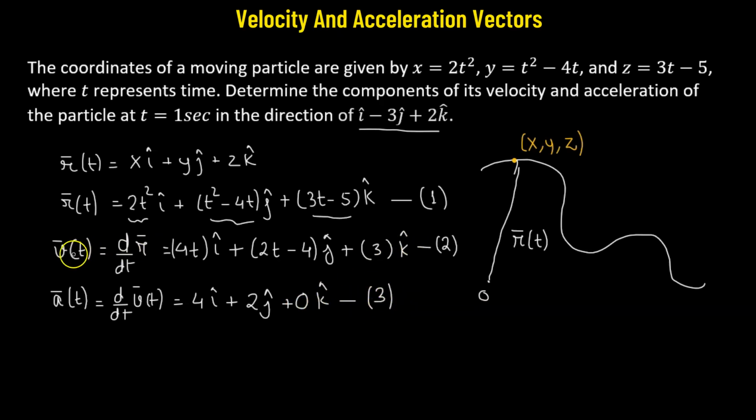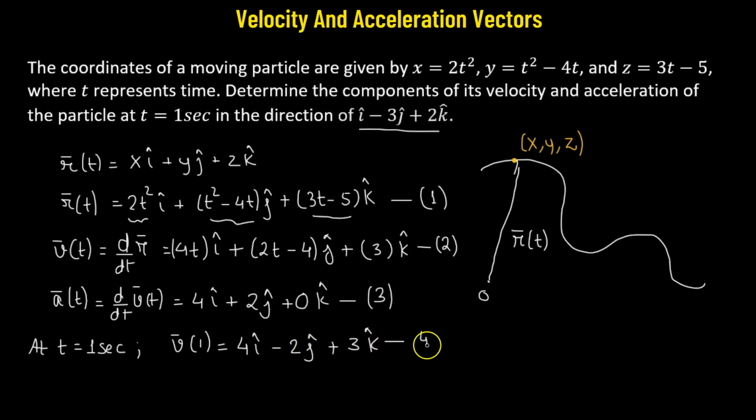So now that we have the velocity vector as well as the acceleration vector, we will determine their values at a particular instant in time, which is t equals 1 second. So at t equals 1 second, the velocity of the particle will be given by substituting the value of t with 1. So 4 times 1 means 4i cap, plus 2t, so 2 times 1 is 2, 2 minus 4 is negative 2j cap, plus 3k cap.